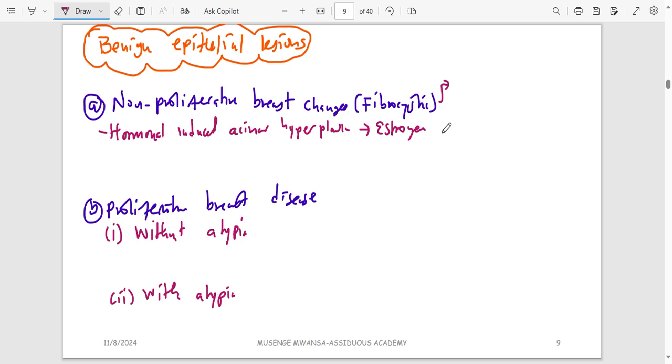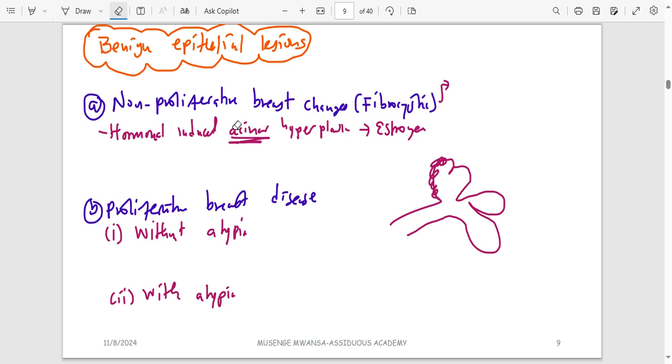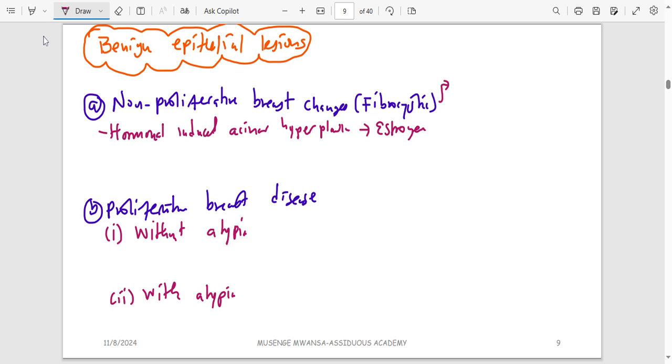So the estrogen can start making the acini, that end of the breast, to start proliferating, to start dividing, and so you are going to end up having a lot of cells because there is hyperplasia. Okay, so that is the first thing we need to know there. And this is going to be common between 20 and 40 years.